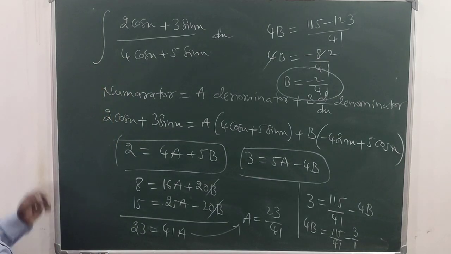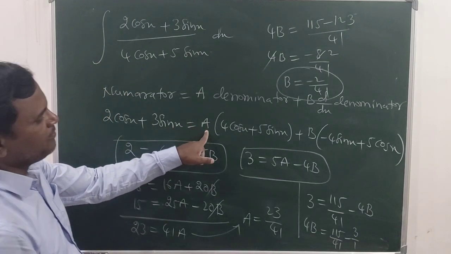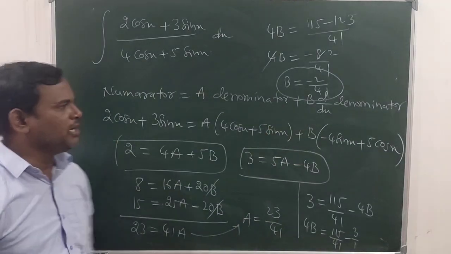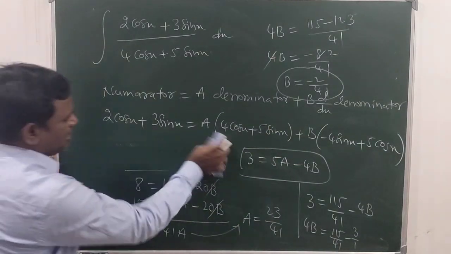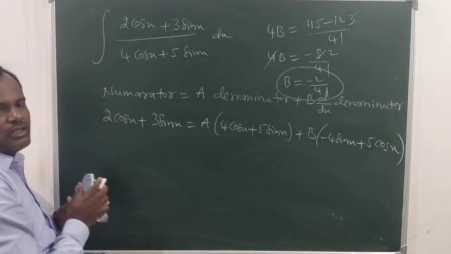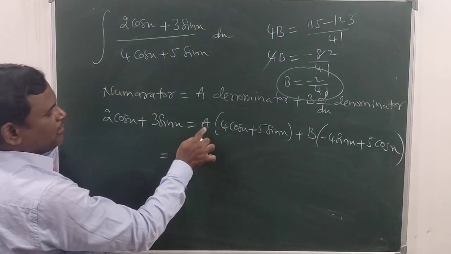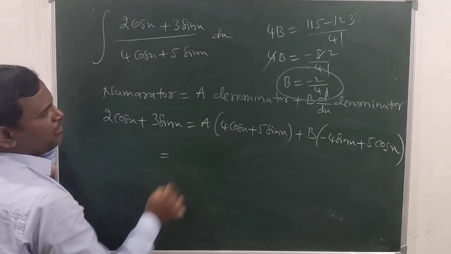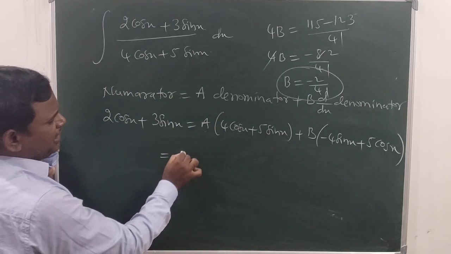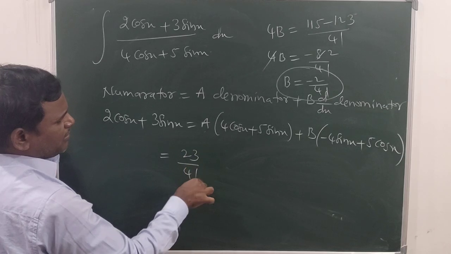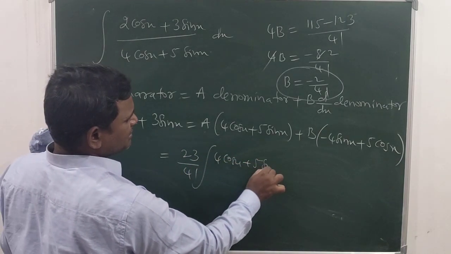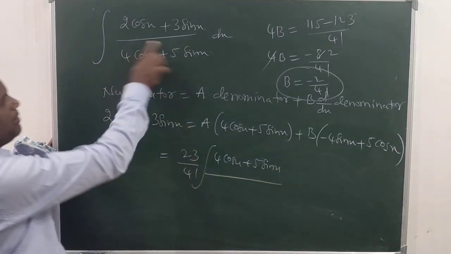Okay? And go back, in the place of A write this 23 by 41 and in the place of B minus 2 by 41 and integrate it. So here A value is 23 by 41 of (4 cos x plus 5 sin x) by denominator.